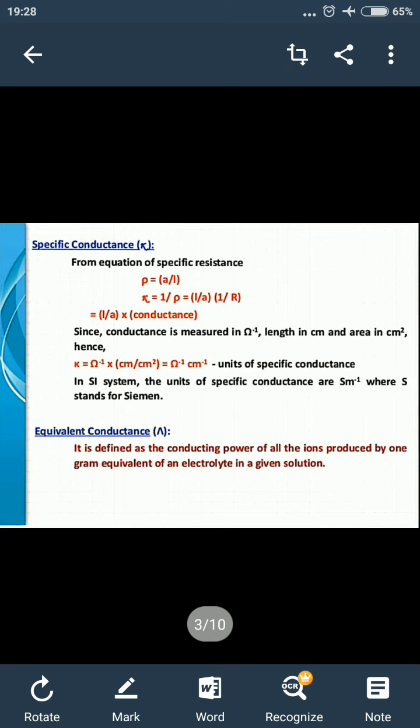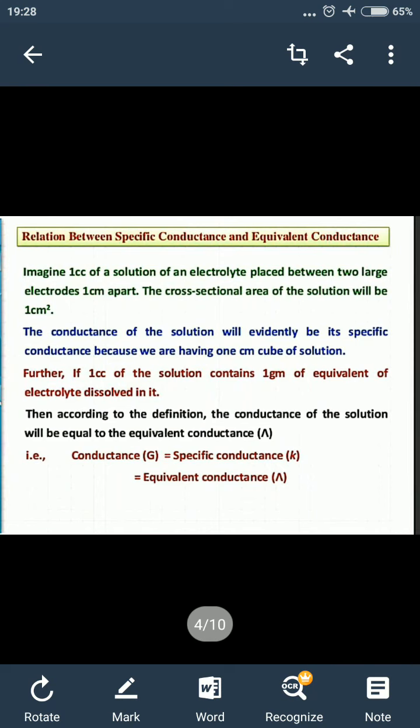Equivalent conductance is defined as the conducting power of all the ions produced by 1 gram equivalent of an electrolyte in a given solution. Equivalent conductance is the total conductance of the ions produced by 1 gram equivalent of an electrolyte in a given solution.